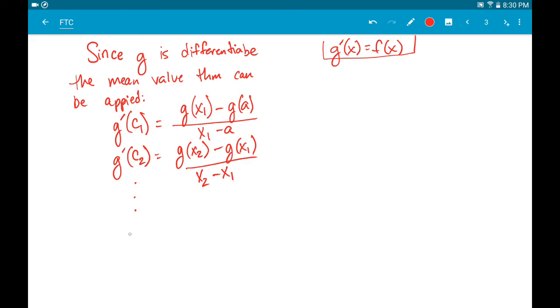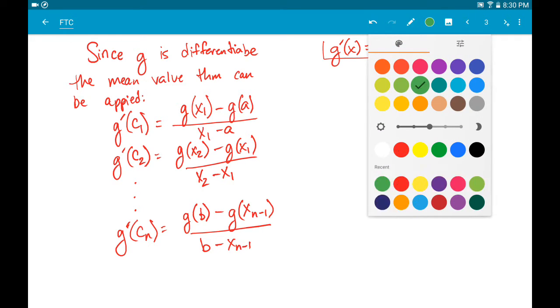But I don't want to write an infinite number of these slope formulas. So I'll jump straight to the last rectangle, which says that g prime of cn would be g of my end value, g of b, minus g of xn minus 1 over b minus xn minus 1.